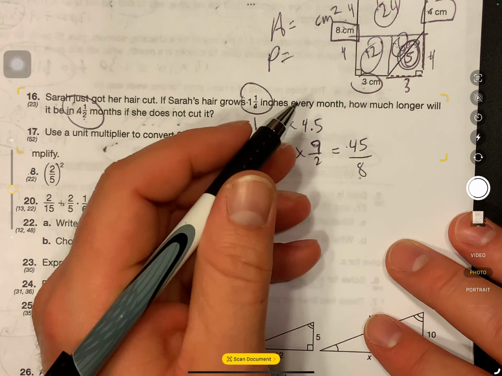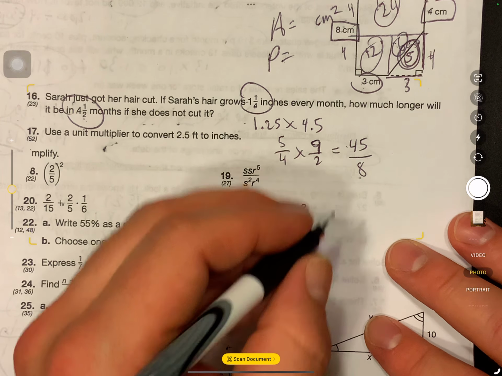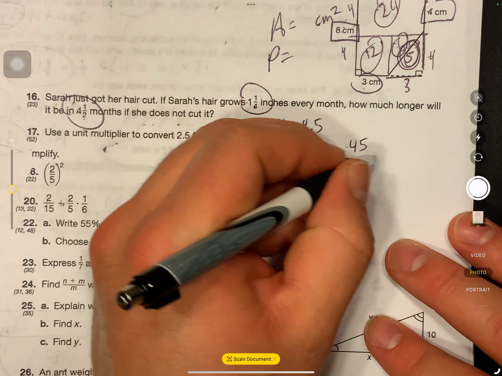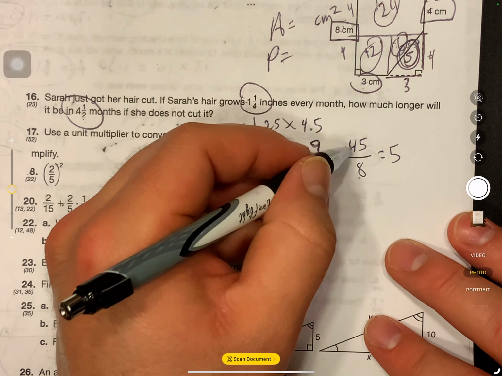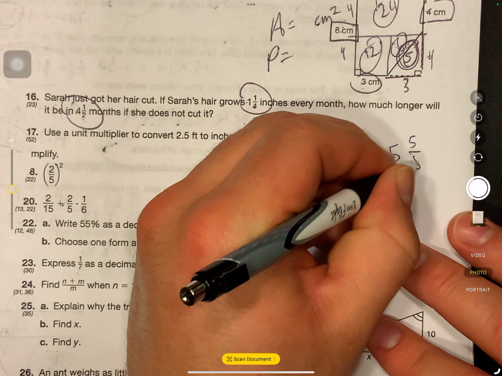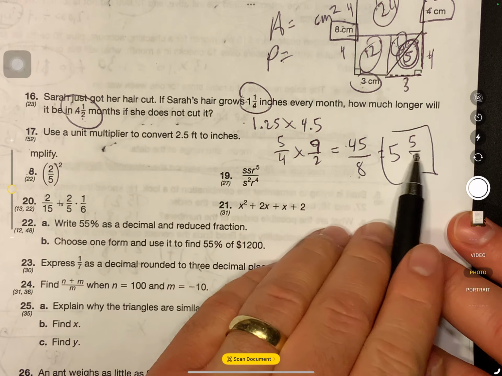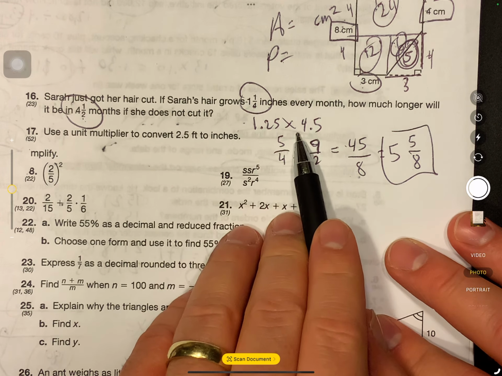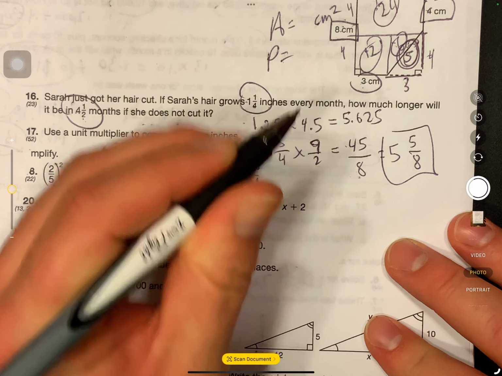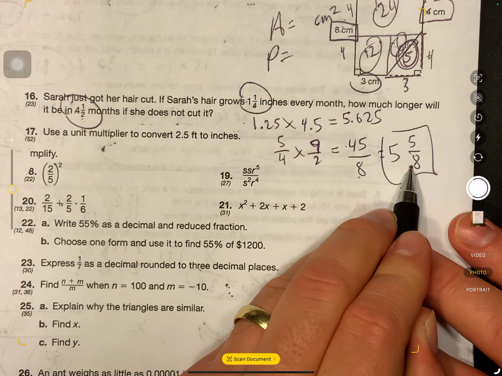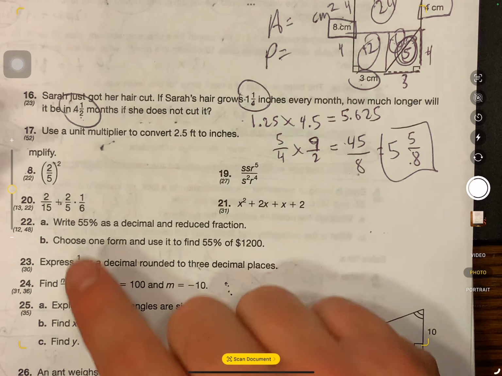How many times does 8 go into 45? Count your 8s up. It's not quite 6 times. So it's 5 times. 5 times 8 is 40. And that leaves us 5 left over. So it's 5 and 5/8. So my guess is the people who got this answer, they got 5.625. Because that's what this is. Holla at your boy. All right, next.